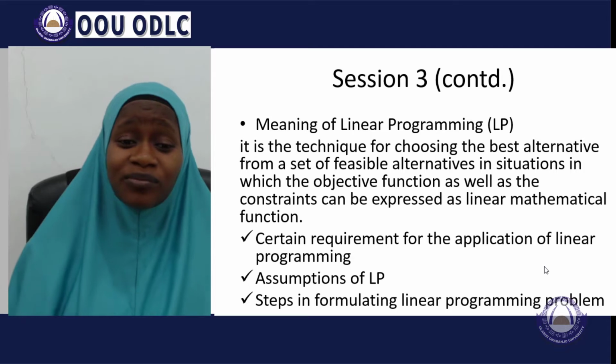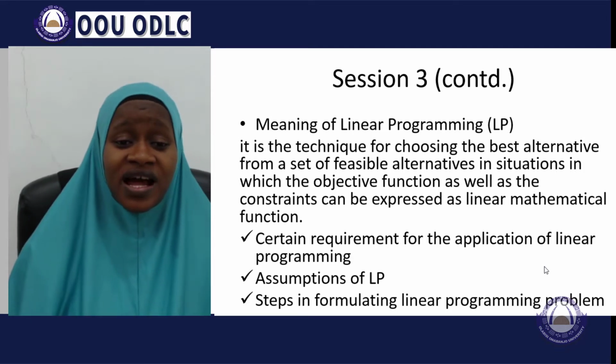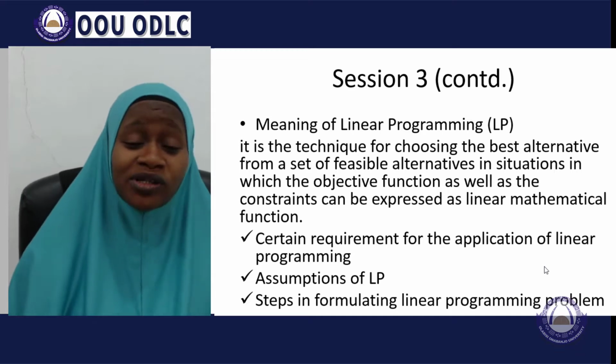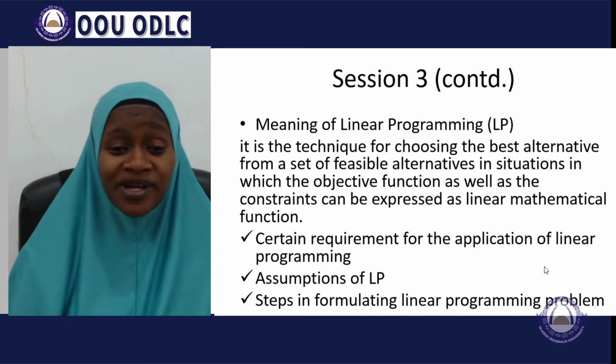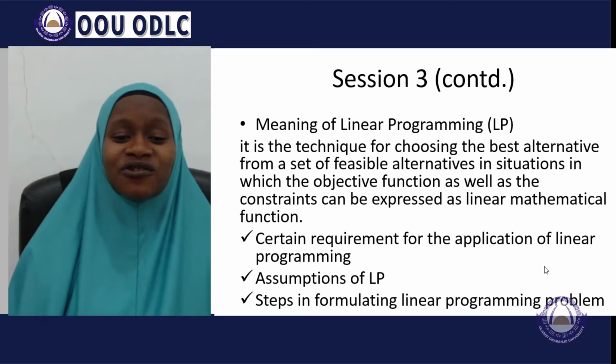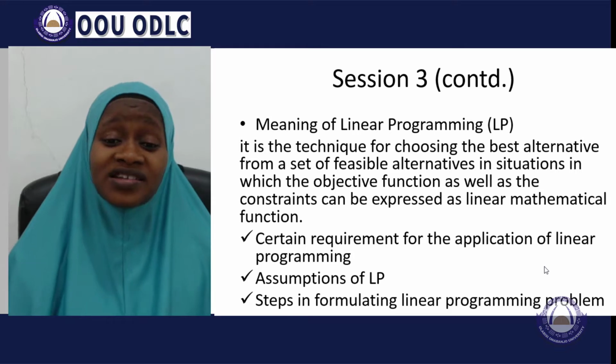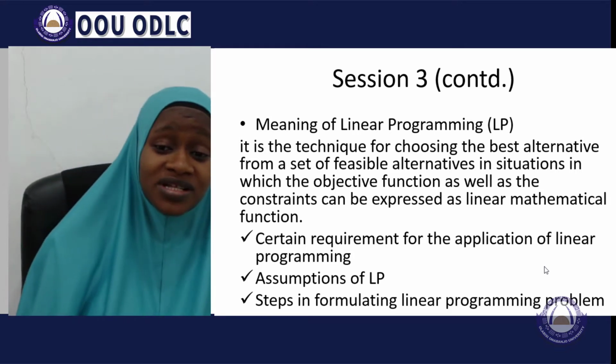Having identified the problem, the objective, and the constraints, among the requirements for the application of the linear programming technique is that the objective function and the constraints can be expressed as a linear mathematical model.